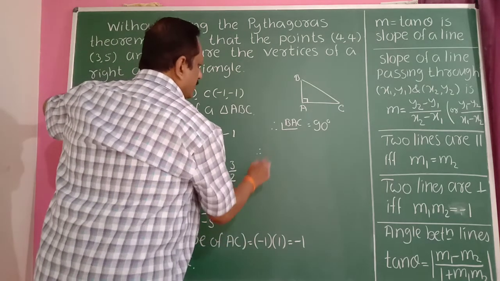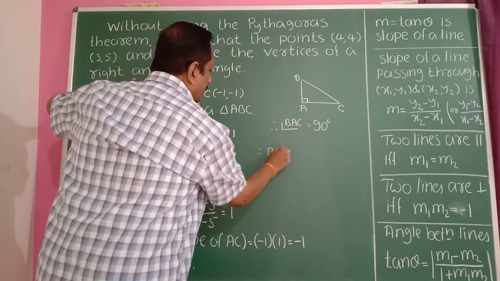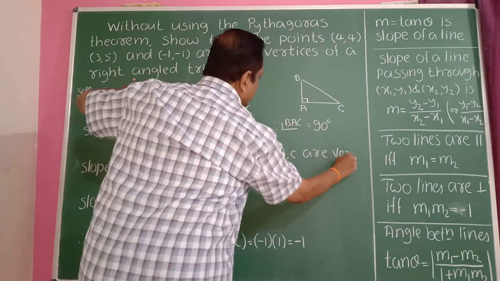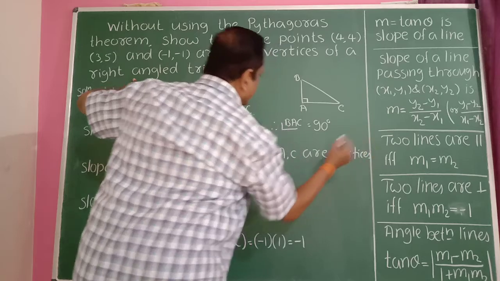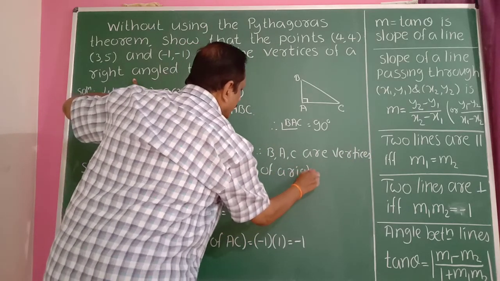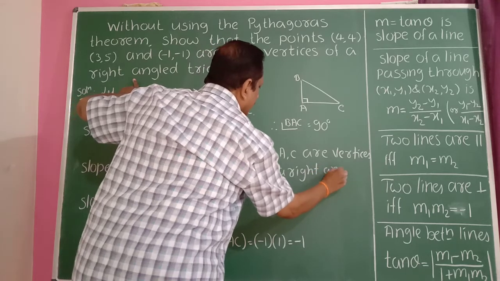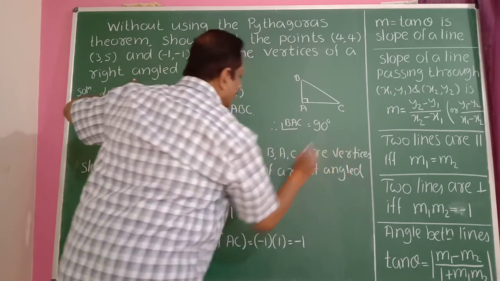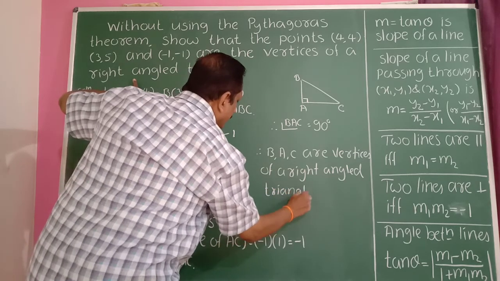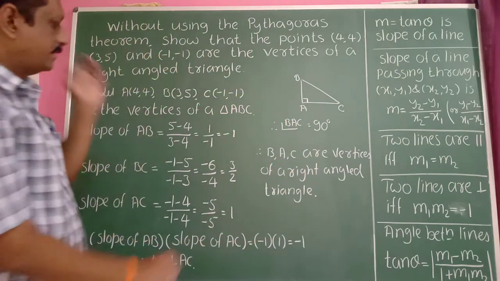Therefore, B, A, C are the vertices of a right angled triangle.